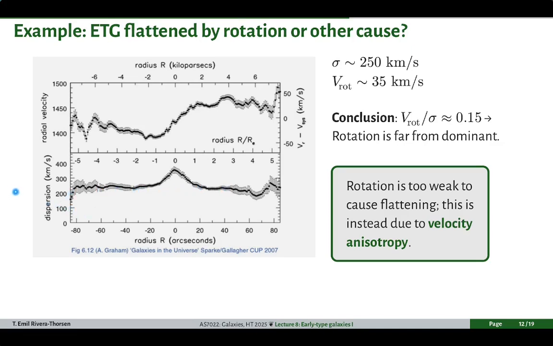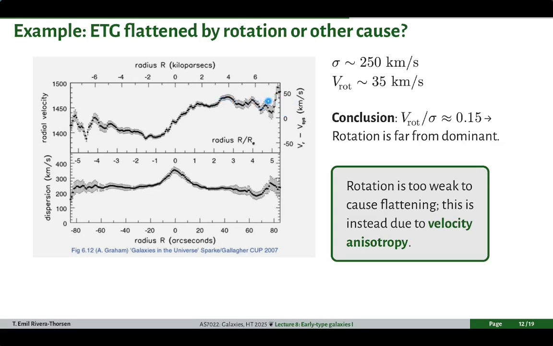And what we can see here is that we have a velocity dispersion in the center, which is around 400, but a luminosity weighted velocity dispersion, which is probably closer to around 250 kilometers per second. It doesn't matter that much exactly what the number is, because we can see that compared to it, the rotational velocity is no more than maybe 35 kilometers per second.